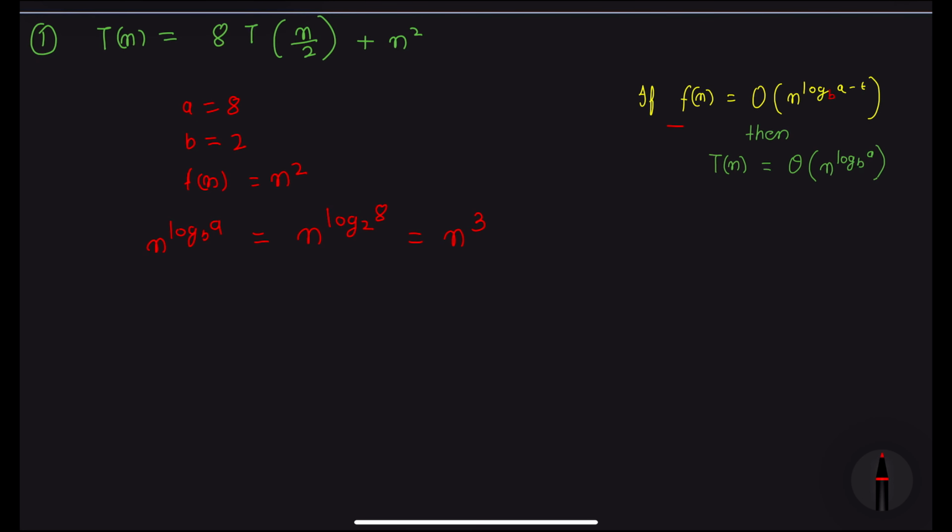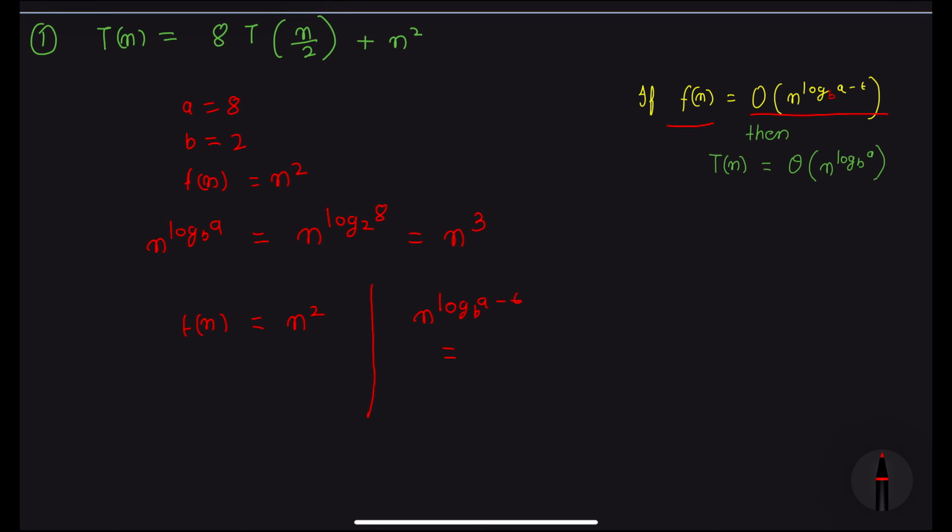Let's see if f(n) is equal to big O of n raised to the power log base b a minus t. So we have f(n) here, which is equal to n square, and let's find n raised to the power log base b a minus t.